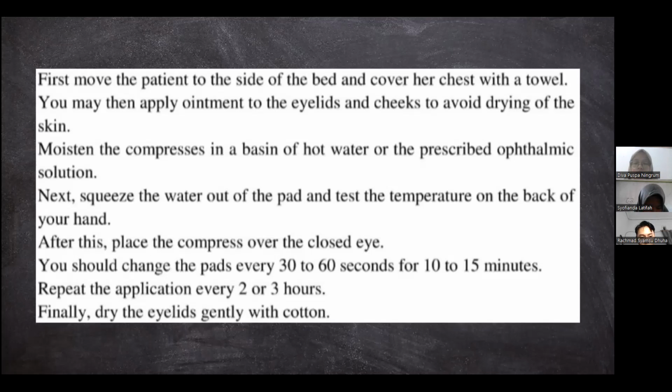You should change the pads every 30 to 60 seconds for 10 to 15 minutes, and then repeat the application every 2 or 3 hours. Finally, dry the eyelids gently with cotton. So as I said before, instructions have points. For example, number 1, number 2, number 3, and so on.